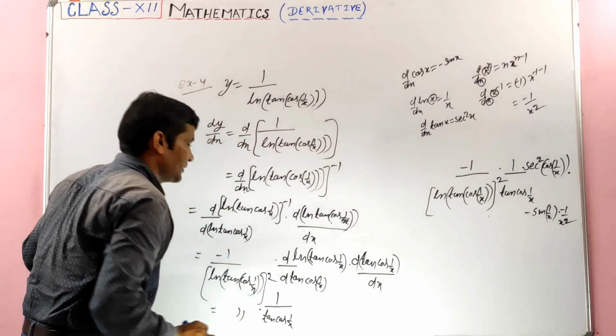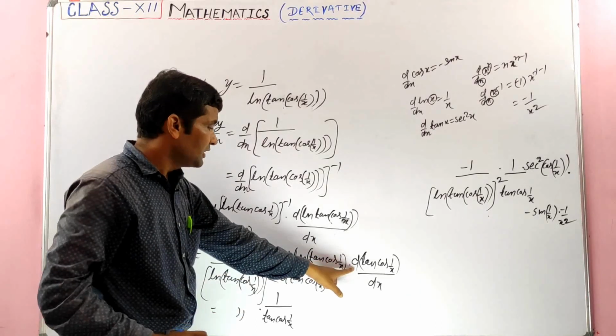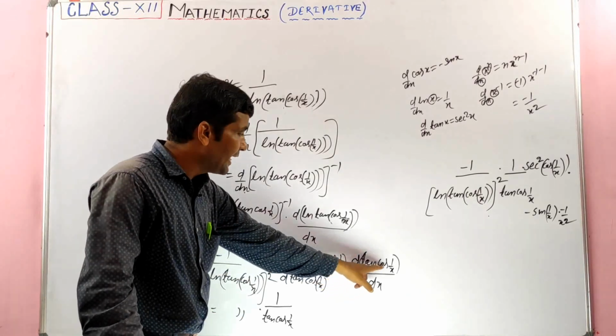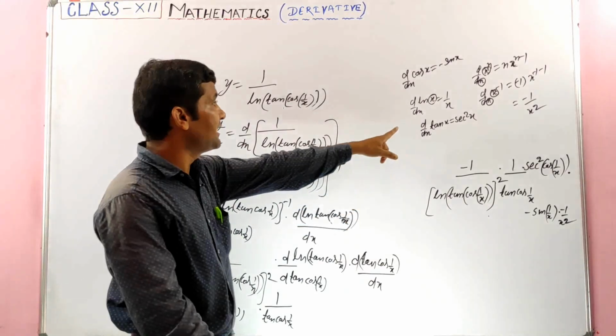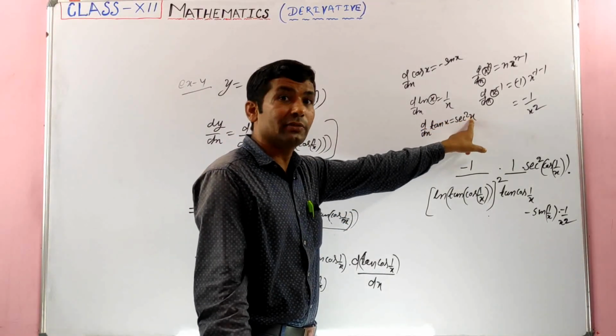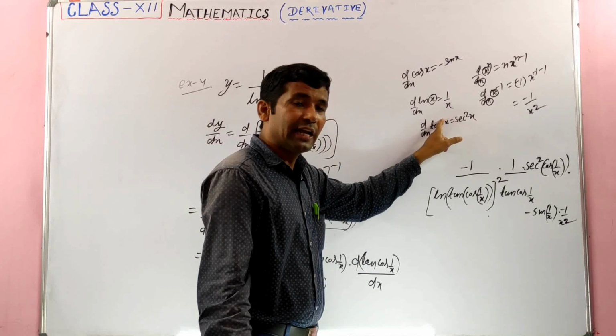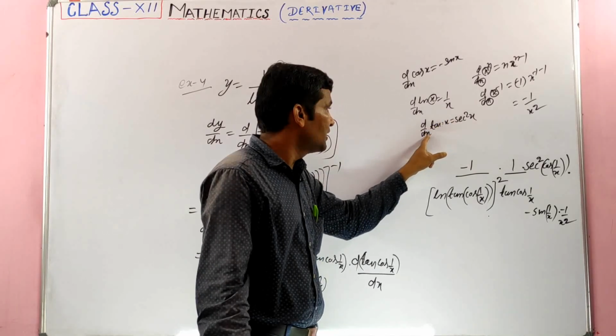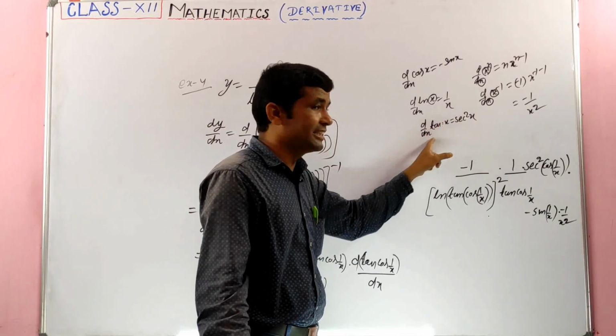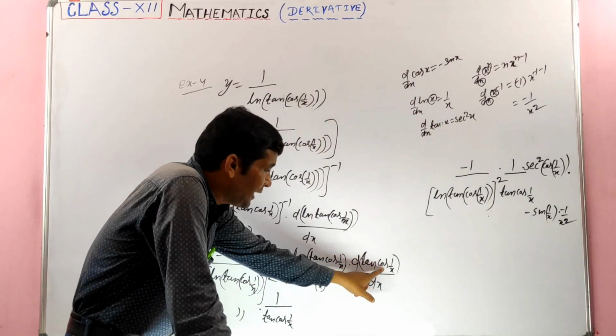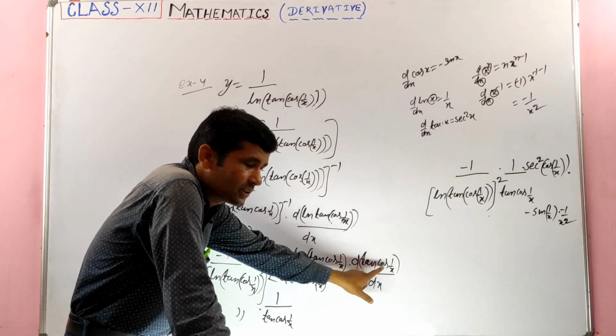Now see this step, d tan cos 1 by x. The formula is d by dx tan x equals sec square x, when the angle of tan is the same as the independent variable. If not, adjust. Here it is not. Here tan of something is what? Cos 1 by x.